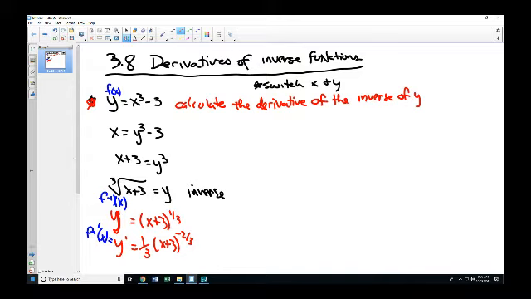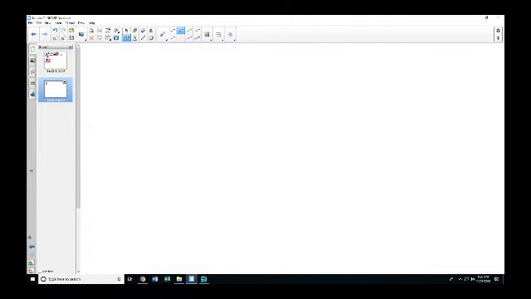Let me give you a primer on the language sometimes used. We're going to consider g of x is the inverse.